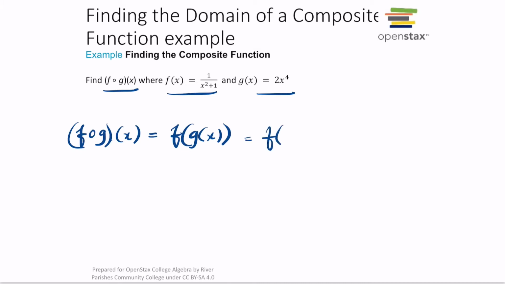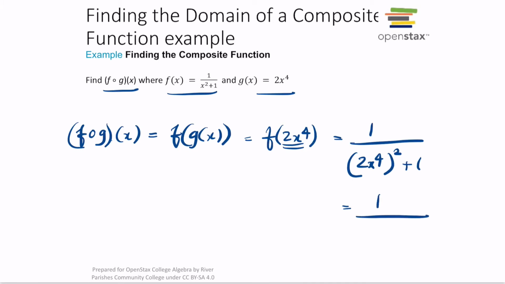So g of x here is 2x power 4. So in place of x, write 2x power 4 in the function f of x. So that becomes 1 by, in place of x, we write 2x power 4 whole square plus 1. So that becomes 1 by 4x power 8 plus 1. So this is the value for f circle g of x.